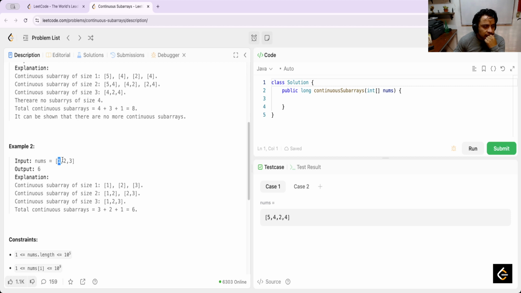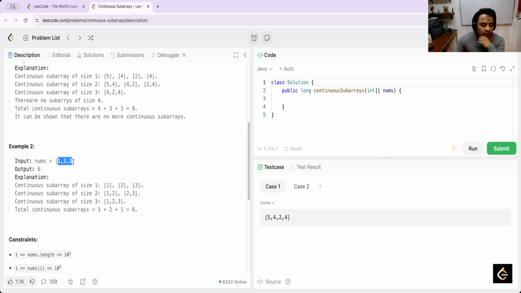Because in this case, for example, the difference between this pair is 1. If the difference is 0, 1, or 2, it can be a pair. In this case, this and this can be a pair. Between this and this, the result is 1.